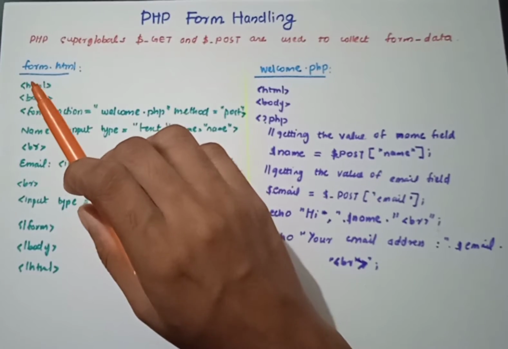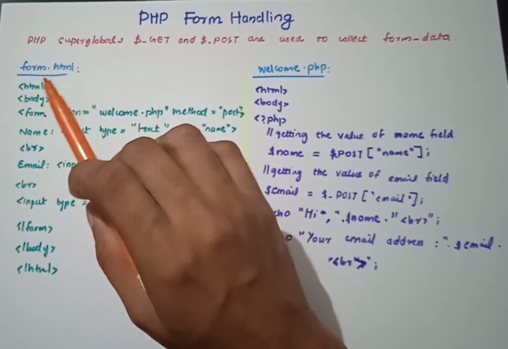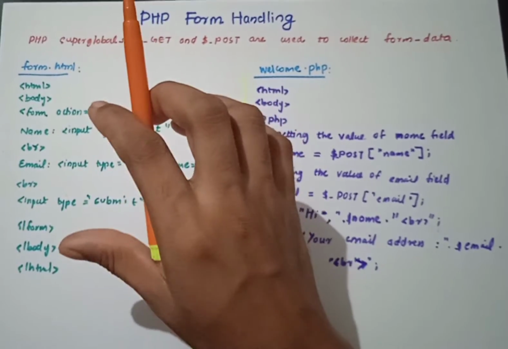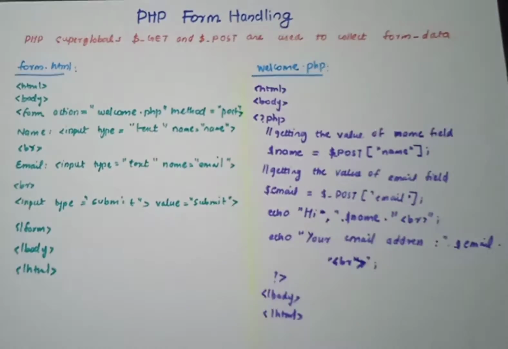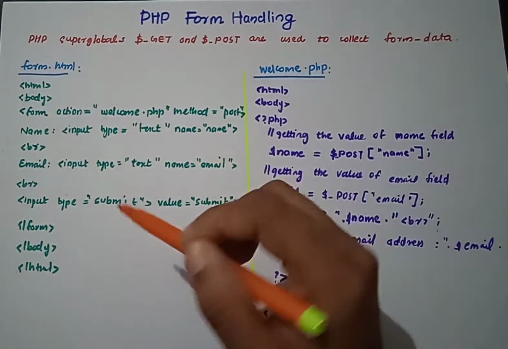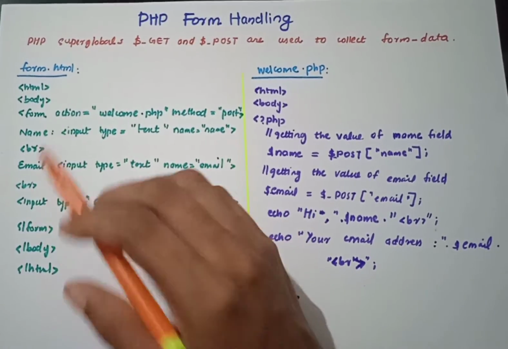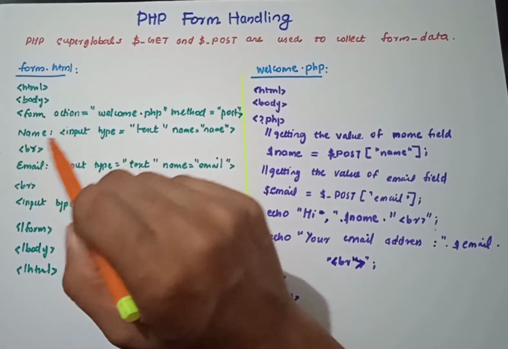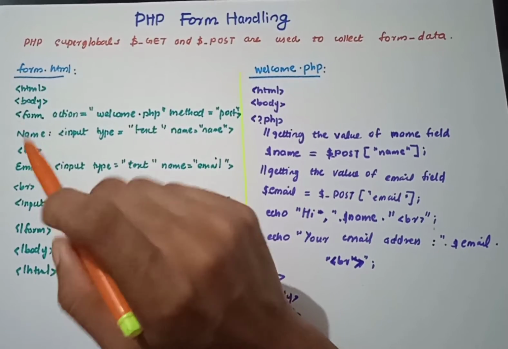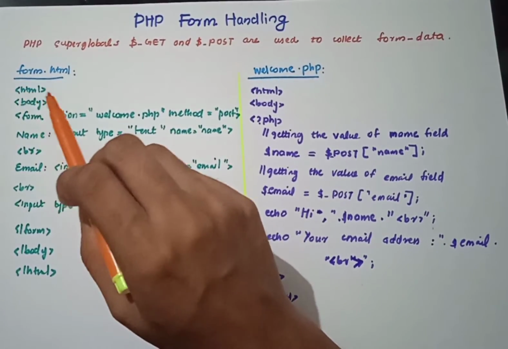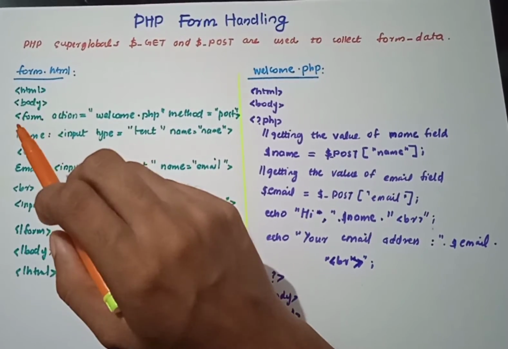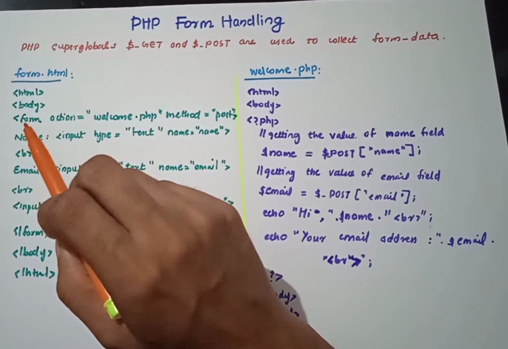So firstly, we want to define an HTML file with a form, and in the form you can have different input values like name, email, and whatever else. Here we are including only two things, name and email, as the inputs. So we started with our HTML and body tag, and inside you can see this is the form.